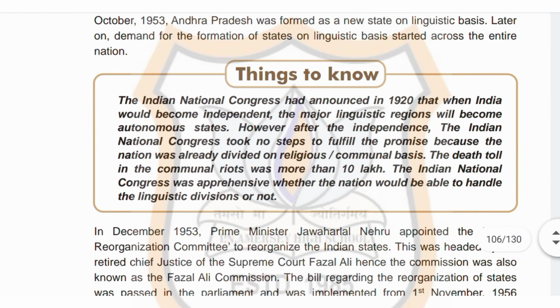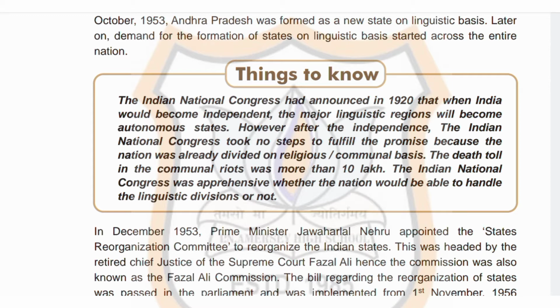Now, students, for your knowledge, things to know. The Indian National Congress had announced in the year 1920 that when India would become independent, the major linguistic regions would become autonomous states.